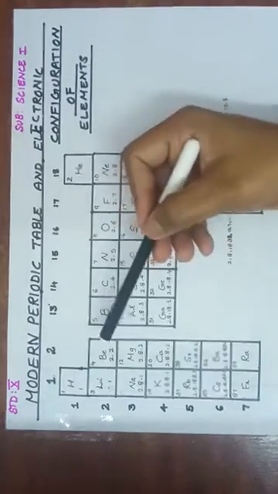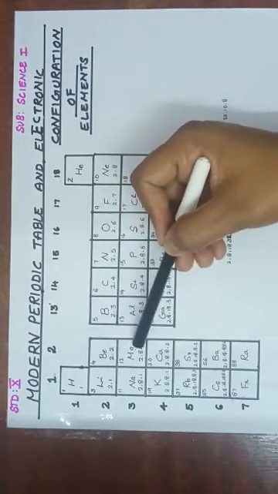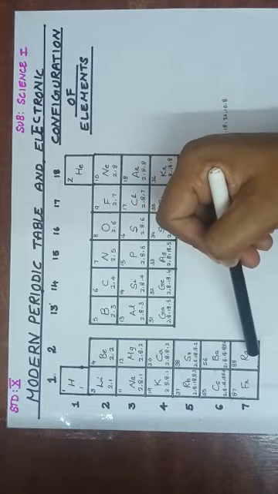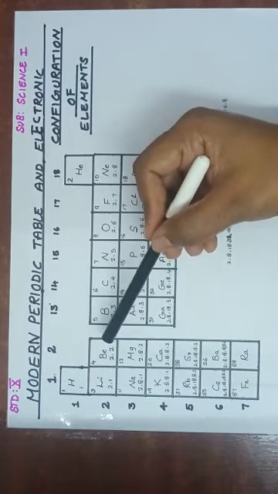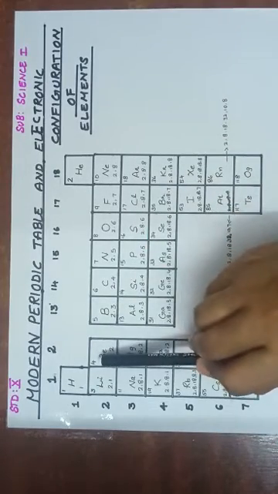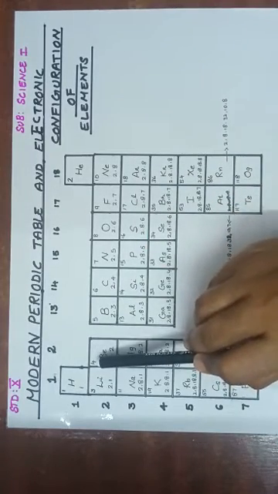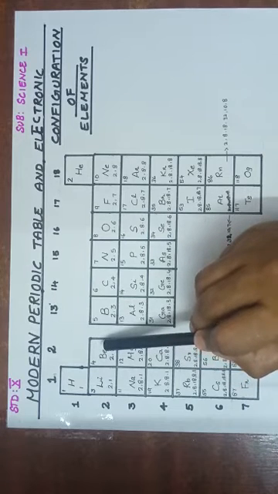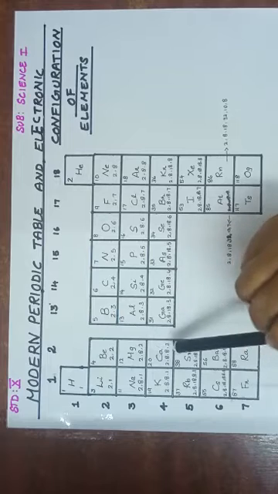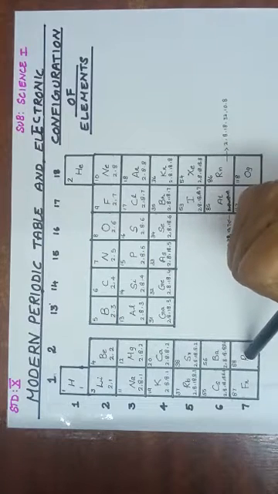Its elements are beryllium, magnesium, calcium, strontium, barium and radium. Here you can see that I have written the atomic number on the left hand top corner, its symbol is written in the middle, and below that you can see the electronic configuration of each element.